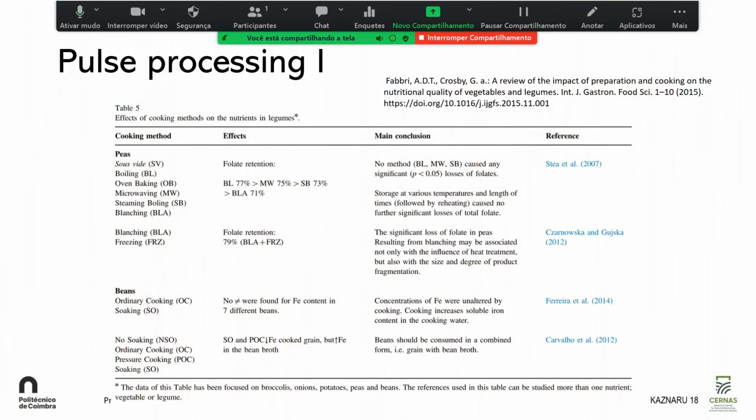And I highlight that there is a high retention of the nutrients during this processing. There are also some advantages of processing to decrease anti-nutritional factors that pulses may contain.